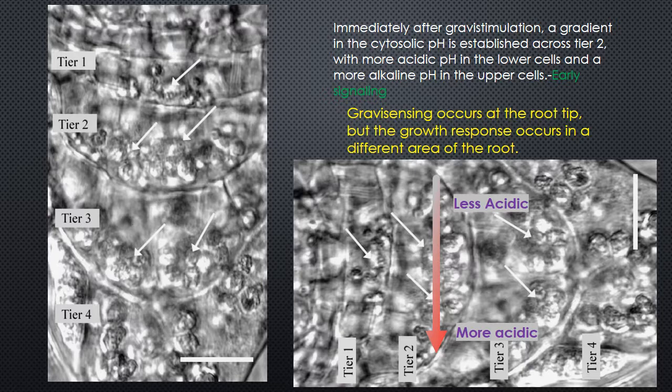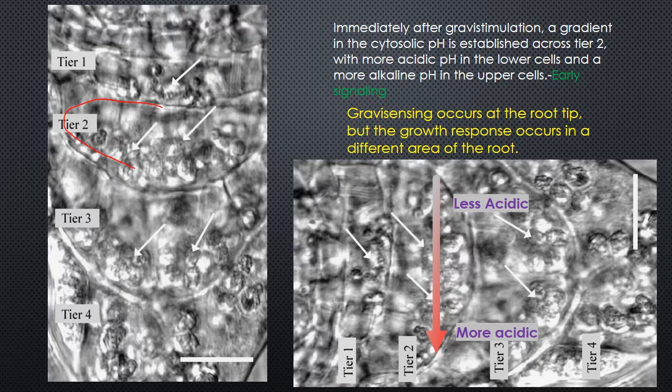Immediately after gravity stimulation, which is what we call a change in direction, if we look at the pH of the cytoplasm within these rows of columella cells, there is a change. So in tier 2, let me grab my pen.